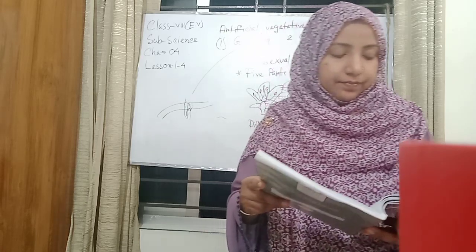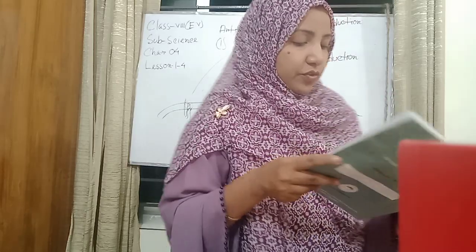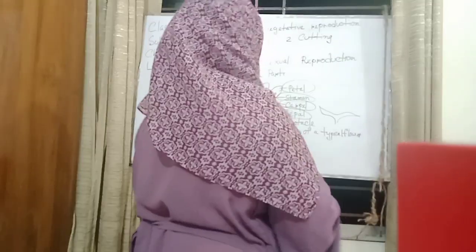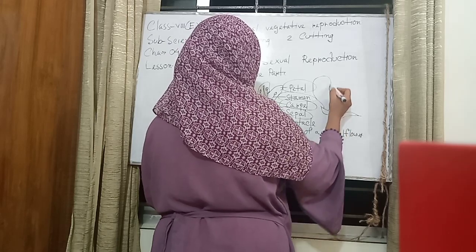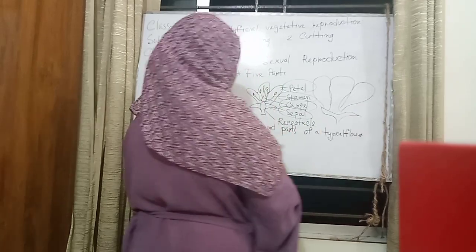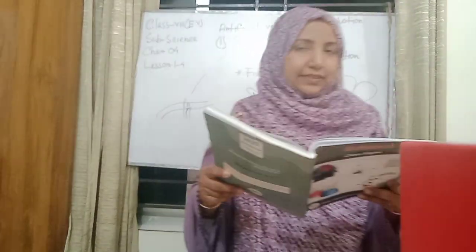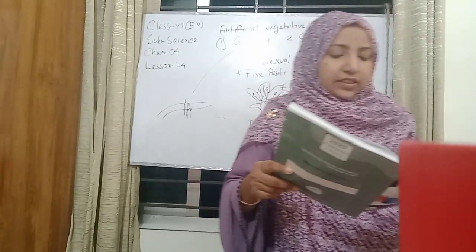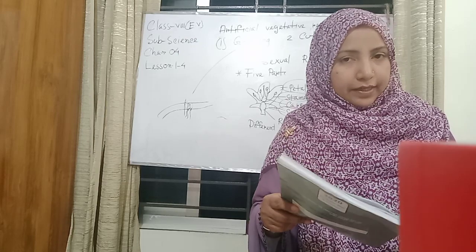Petals. What is the meaning of petals? I have drawn this structure, the petals, my dear students. The very attractive and colorful parts are the petals. In most flowers, the reproductive organs are surrounded by a whorl of petals.